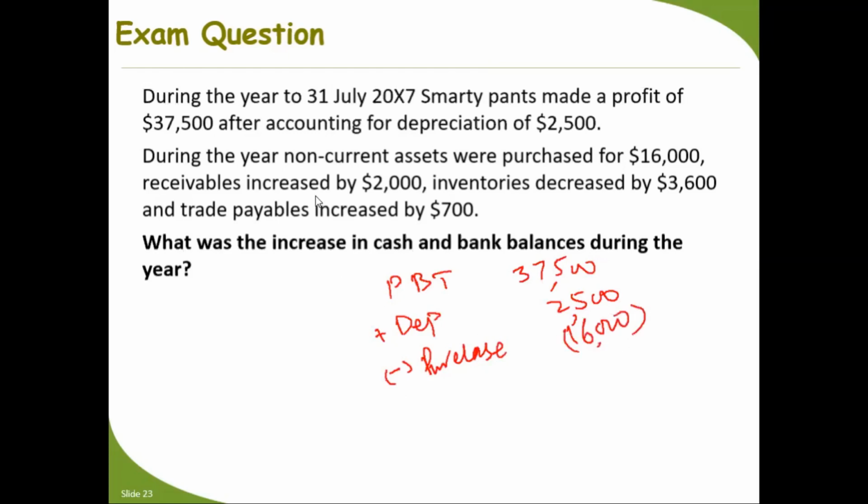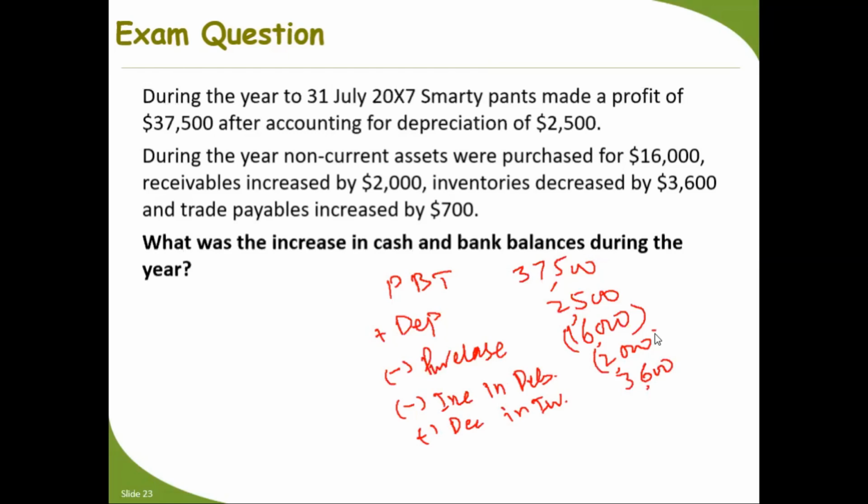Then receivable increased by 2,000. I discussed earlier that if in your current assets there is increase, that would be outflows. In debtors, how much? 2,000. If there is decrease in your current assets, like decrease in inventory, that is your inflow, which is 3,600.